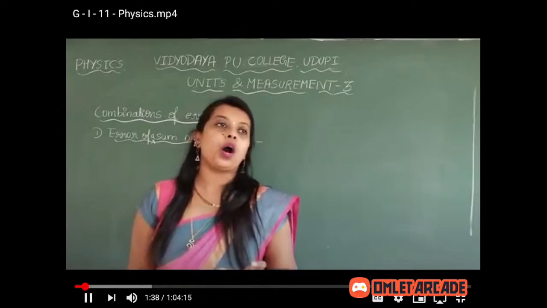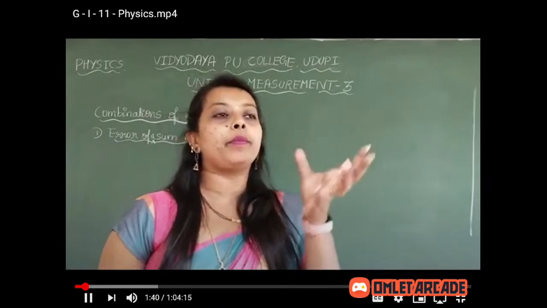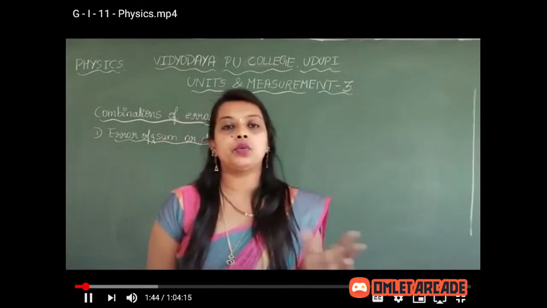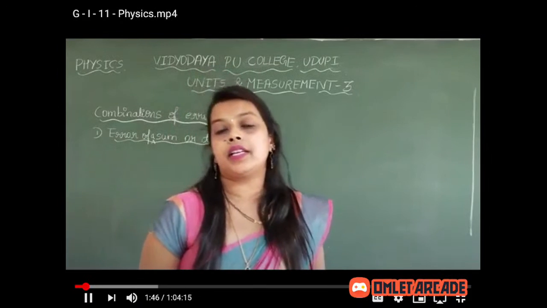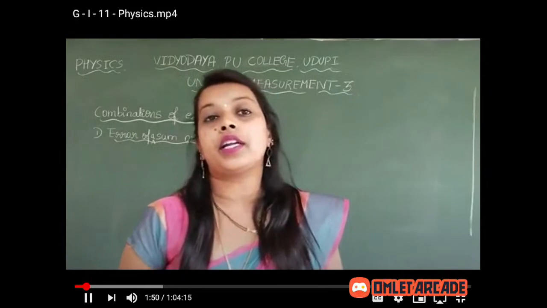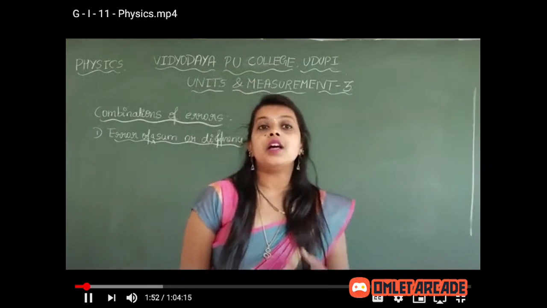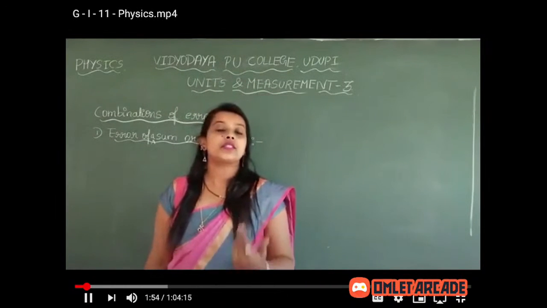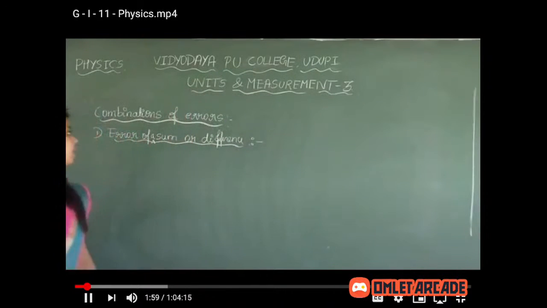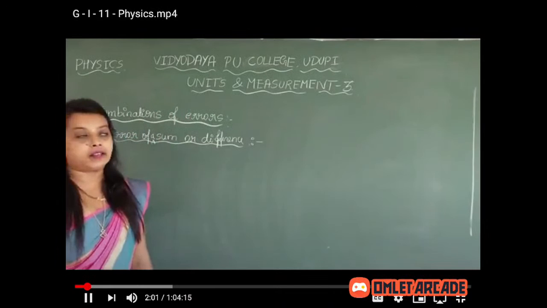So what do we have to do? How do we calculate the error in a combination of physical quantities? When two or more physical quantities combine, what type of resultant physical quantity will you get, and what is the error of the resultant quantity you are going to calculate? So there is error of a sum or difference.